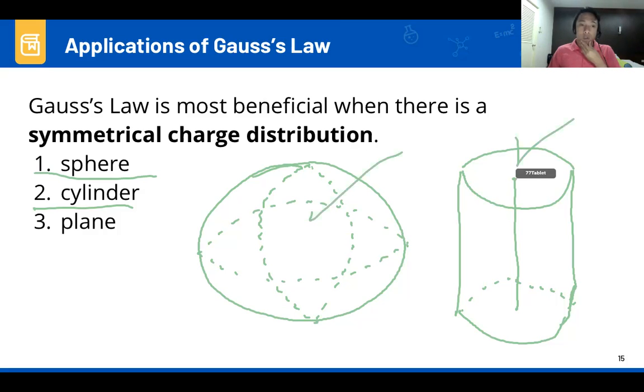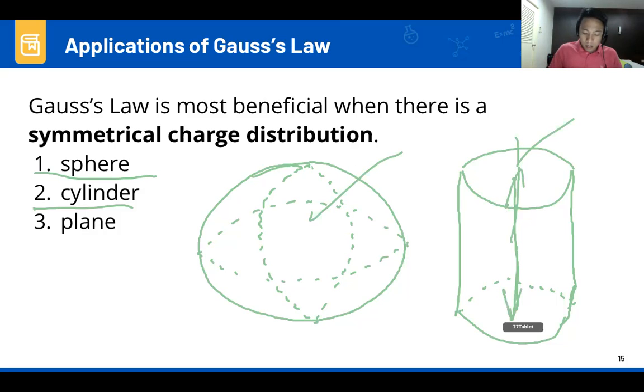So these are the two, what we call imaginary 3D objects that are related to Gauss's law. Gauss's law is most beneficial when there is a symmetrical charge distribution. Kapag sinabing symmetrical, if the charge will go here and go there, they are the same.